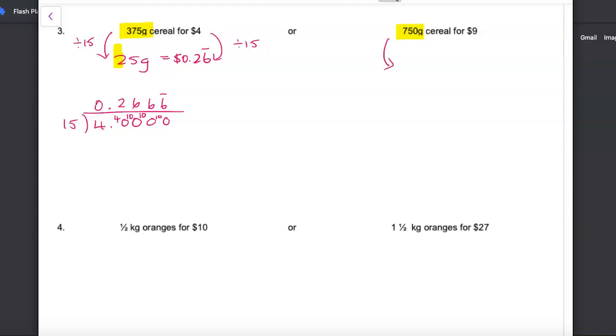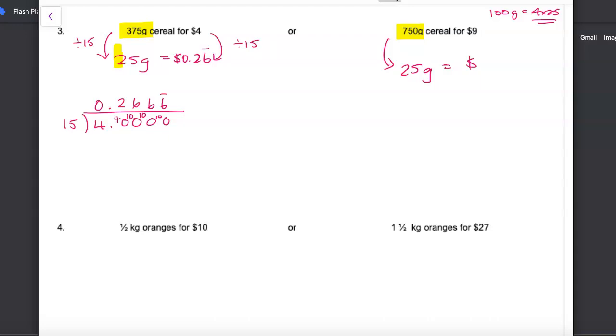If we think about getting the next value down to 25 grams, we've just worked out that every 100 grams has 4 lots of 25 grams in it. So if there's 4 of them in 100 grams, in 700 grams there would be 28 of them, because 4 times 7 is 28, and 2 more in 50.